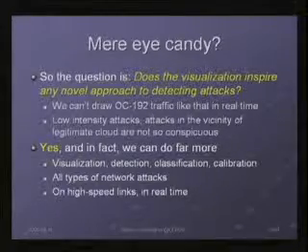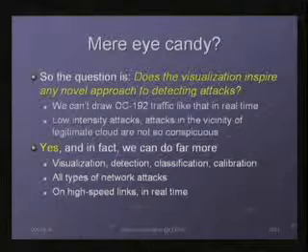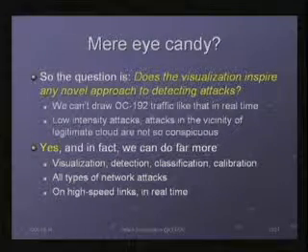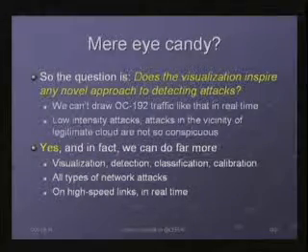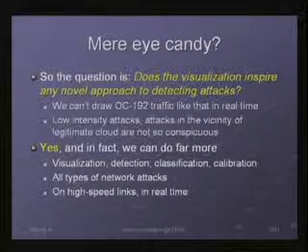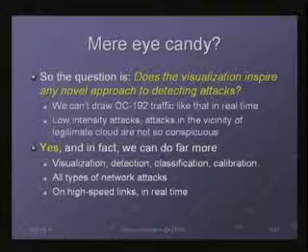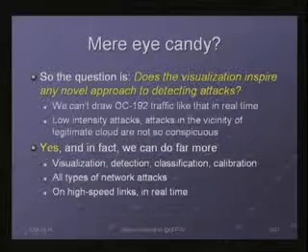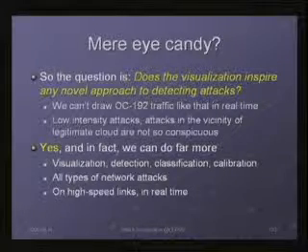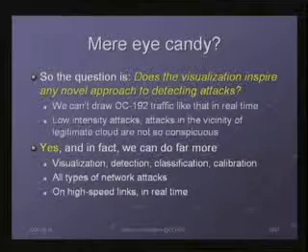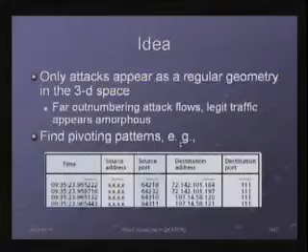But there's an idea that we can actually draw from that visualization, and it turns out that the idea can in fact not only visualize, but also detect and classify and measure the intensity of those attacks. And it can be done quite fast, so it can run on high-speed links and in real time. So in the second part of the talk, we'll briefly look at that.